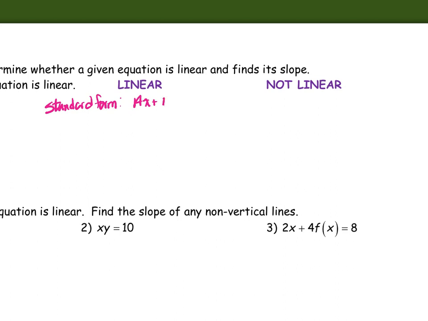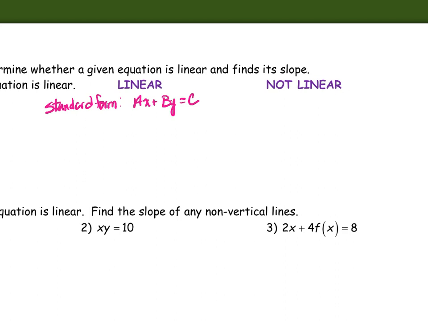ax plus by equals c, right? Notice there's just an x and a y, and it doesn't matter what side of the equation it's on, it's just there. I'm sorry, no variables. That is not what I meant. No exponents. There we go. No exponents. Okay.